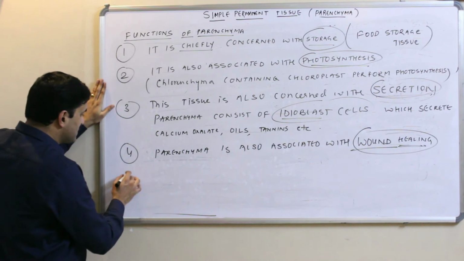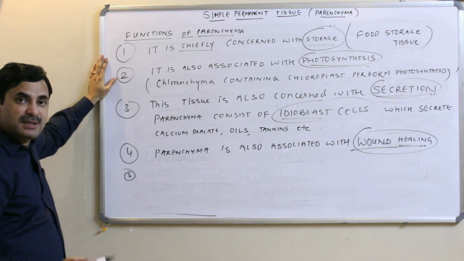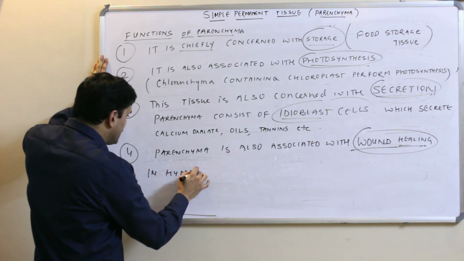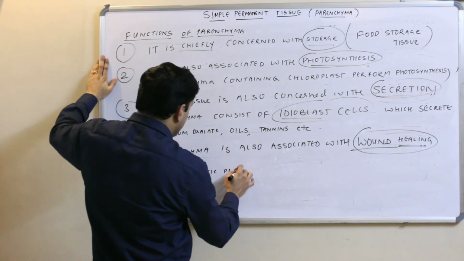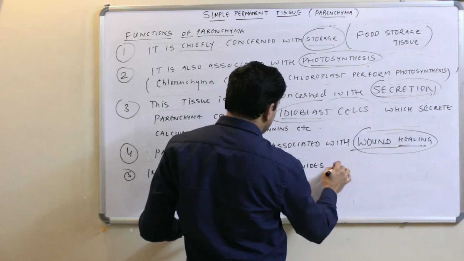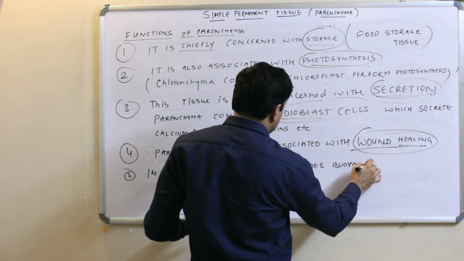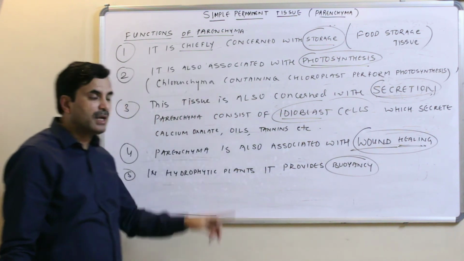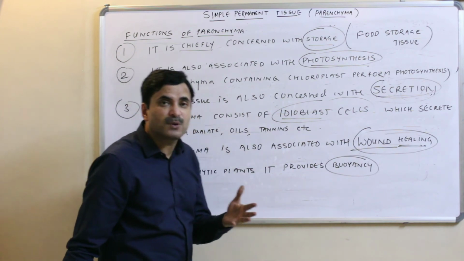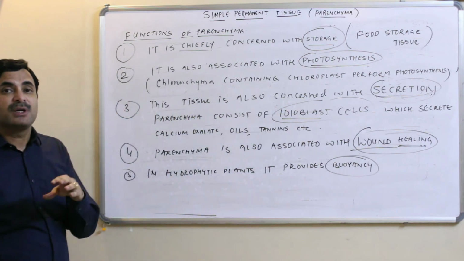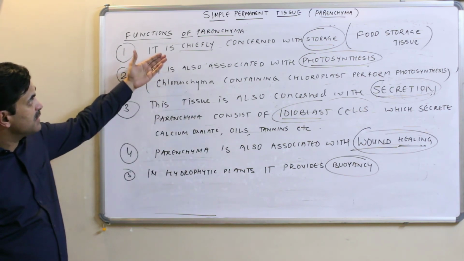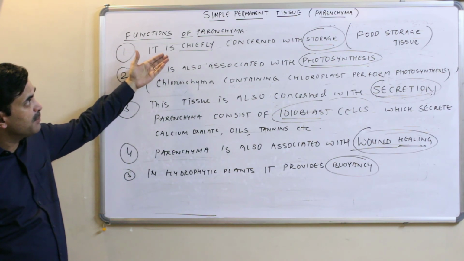Alright, and you have seen that in hydrophytic plants it provides buoyancy. And at some places you have also seen that though it is a living tissue, it may provide mechanical support. So these are the prime functions of the parenchyma.